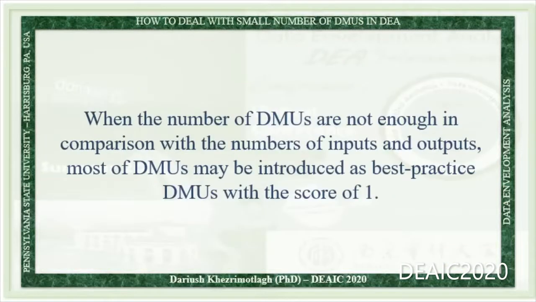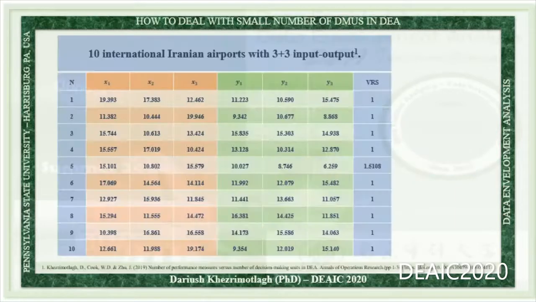When the number of DMUs is not enough in comparison with the numbers of inputs and outputs, most DMUs may be introduced as best practice DMUs with the DEA score of 1. For example, if we apply the radial variable returns to scale DEA model, all DMUs become best practice airports except airport 5.